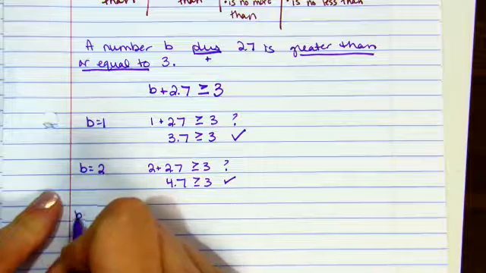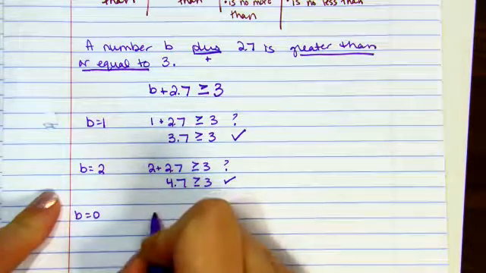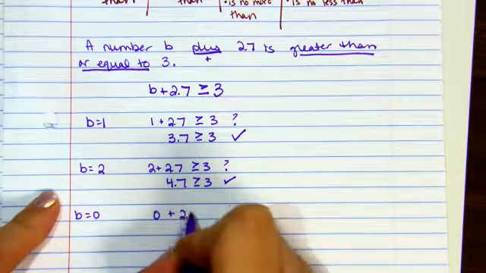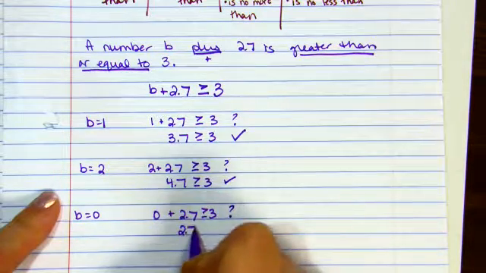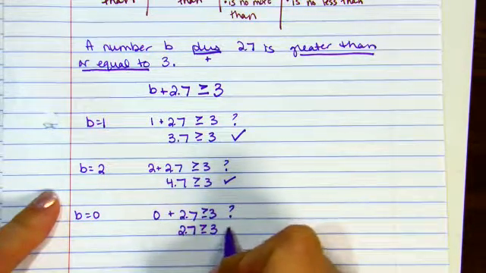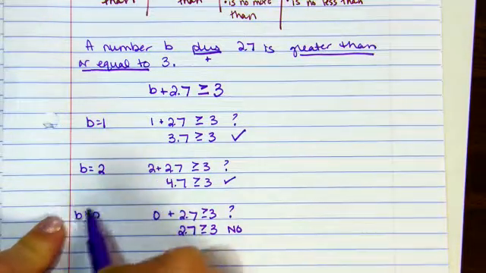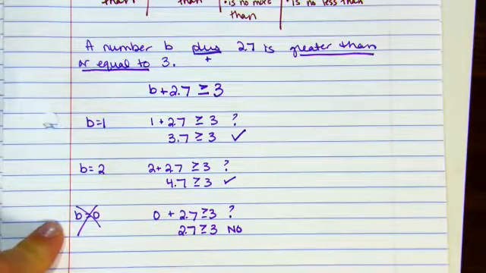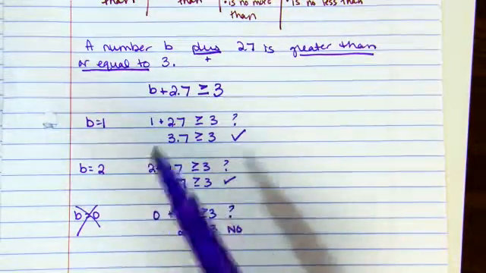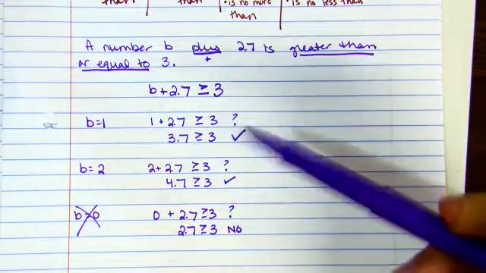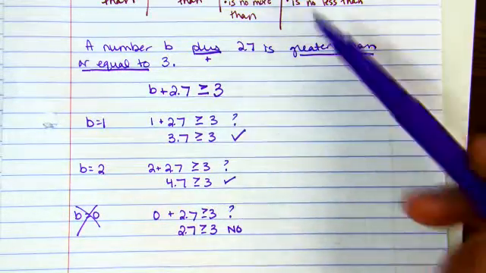But if I put in 0, I'd have 0 plus 2.7 greater than or equal to 3. 2.7 greater than or equal to 3. No. So 0, not a solution. So that's something to keep in mind, that with an equation, there was only one number that worked that could be substituted in for our variable.